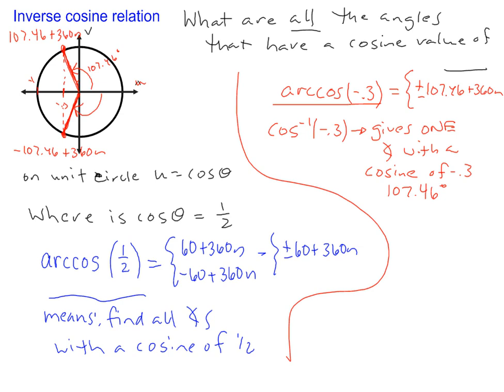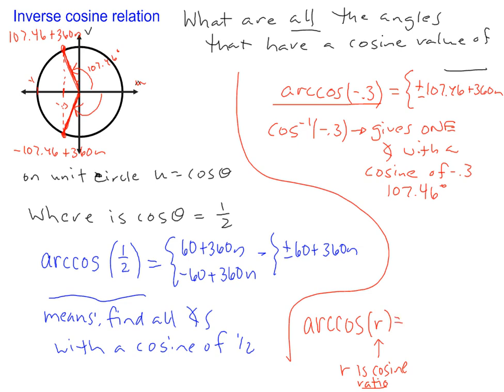So in general, I'm going to say arc cosine of r right now, just to remind you that r is the cosine ratio. The book uses a different variable, I think they use x, but I'm just going to use r to make sure that we all remember that that number is the ratio, and we're finding the angles.